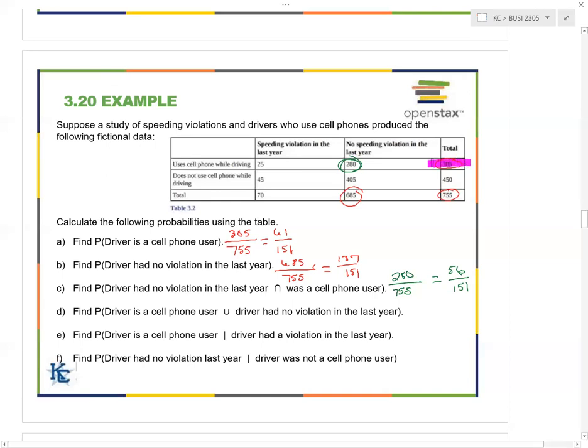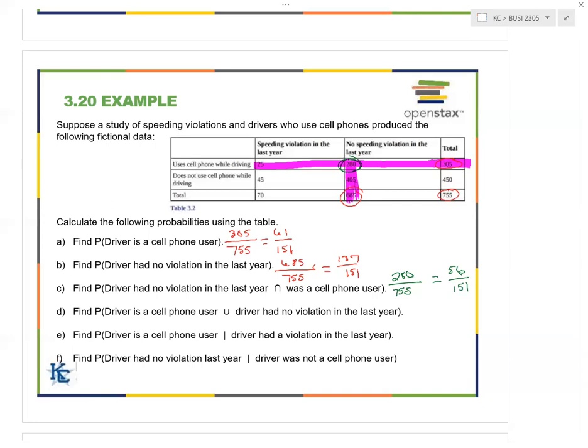And if they're a driver who had no violations in the last year, then we're looking here at this total. But we see that we overlap at 280. So we don't want to include the 280 there more than once, right?